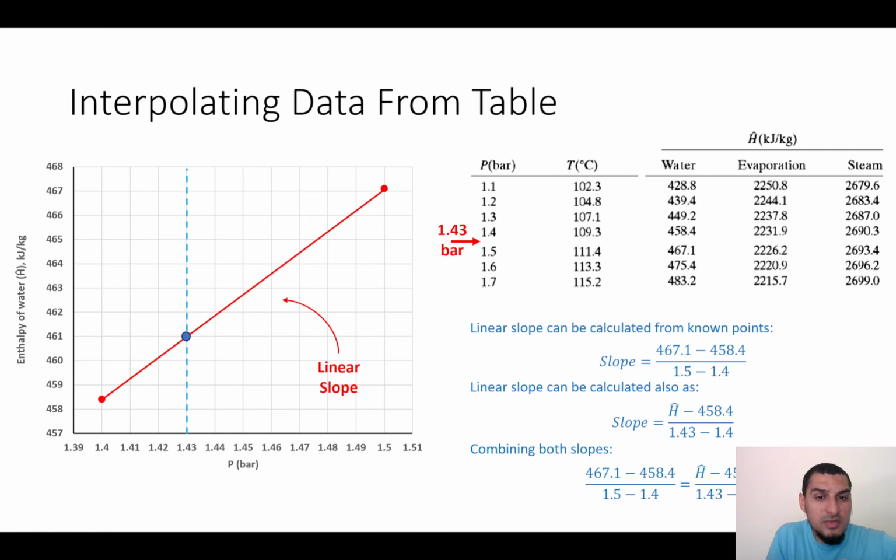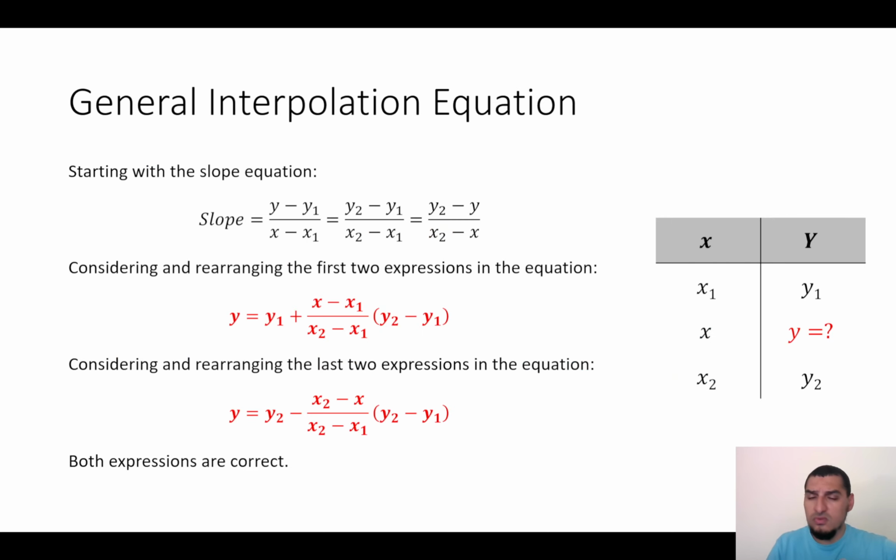So you can assume that the relation between the enthalpy and pressure between these 2 points is linear. It's a very valid relation for small differences. If it's a big difference, sometimes it's not very accurate, but for small differences, it is a very good approximation. So anyways, this is what we wanted to mention in this video.